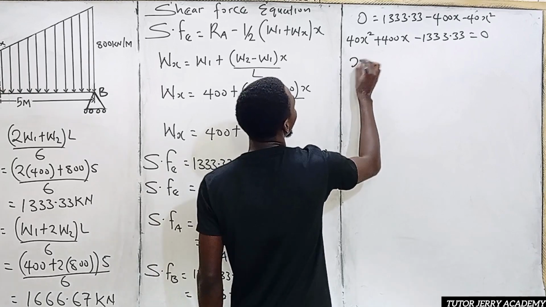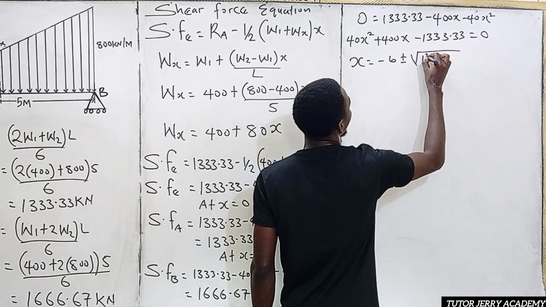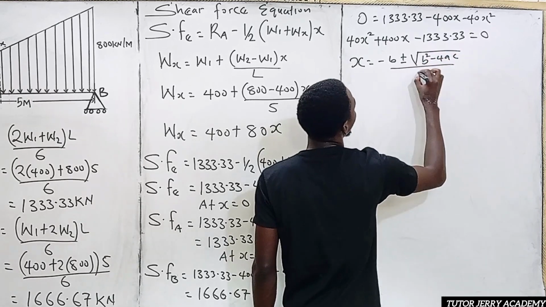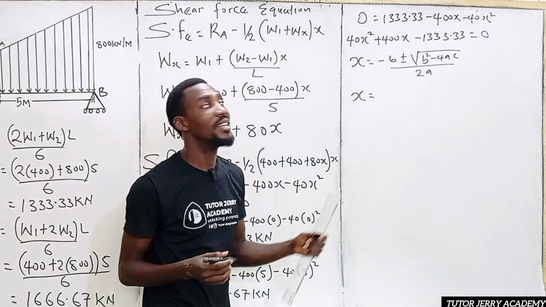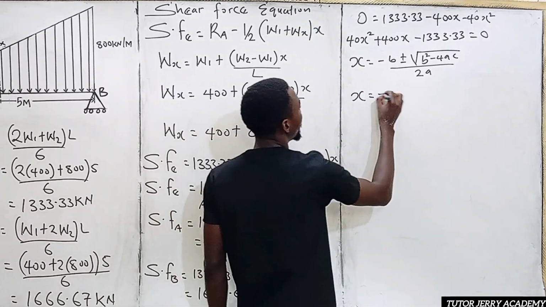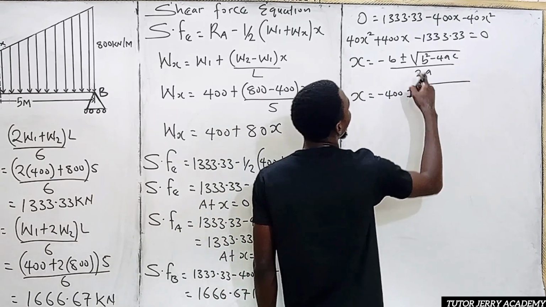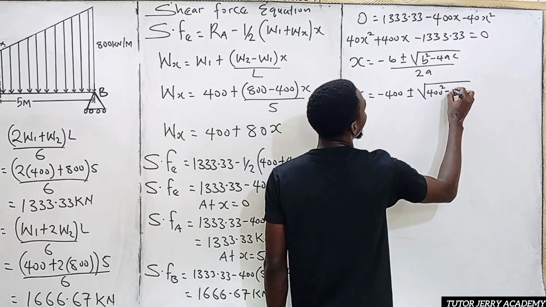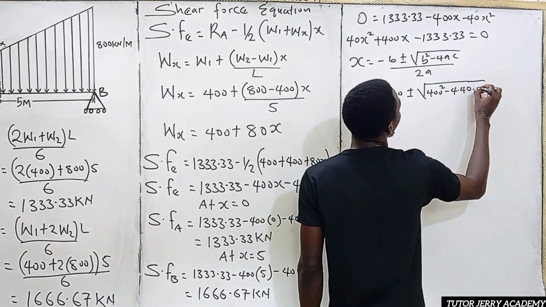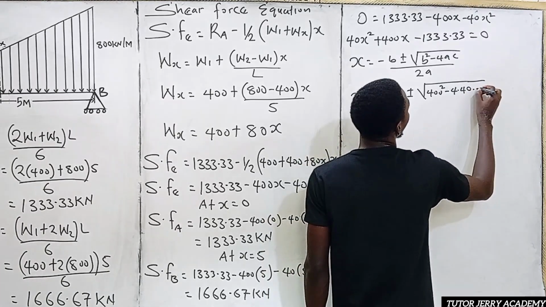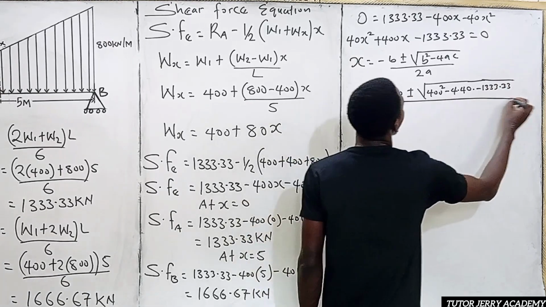From the quadratic formula, S equals minus B plus or minus the square root of B squared minus 4AC, all over 2A. Our B here is the coefficient of S, so it's minus 400 plus or minus the square root of 400 squared minus 4 multiplied by A, which is 40, then multiplied by minus 1333.33, all divided by 2A.